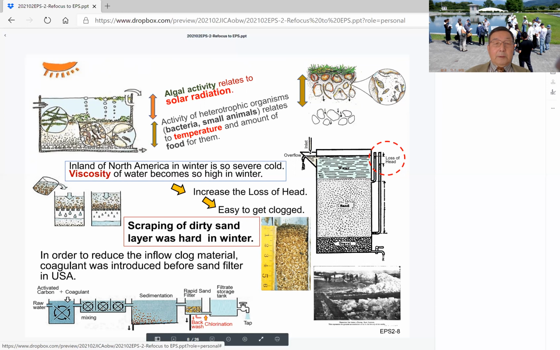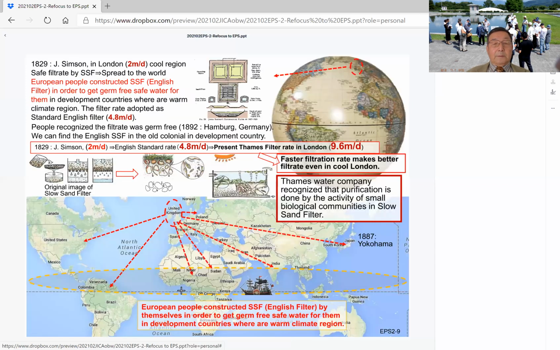So this part and this part. And in inland North America, winter is so severely cold, the viscosity of water becomes so high in winter. Scraping the dirty sand layer is hard in winter. Therefore, this is more popular in the United States.